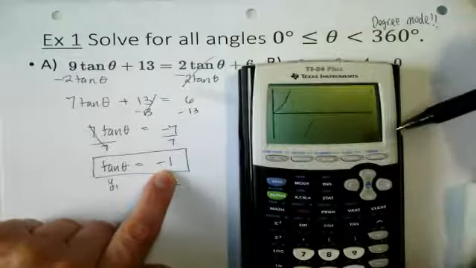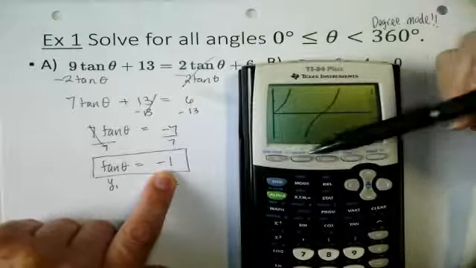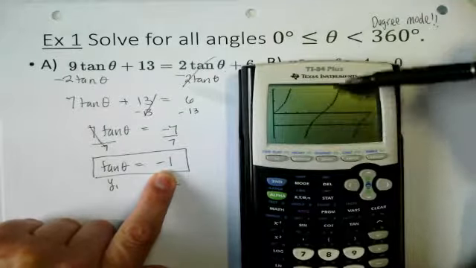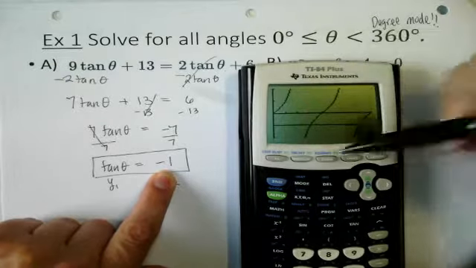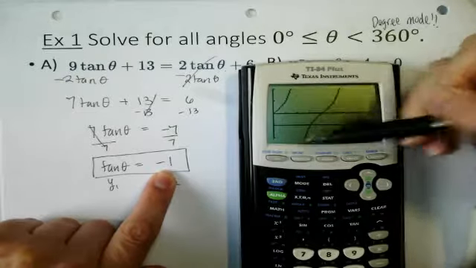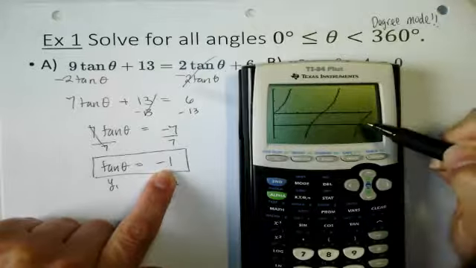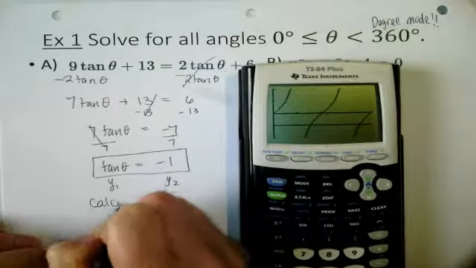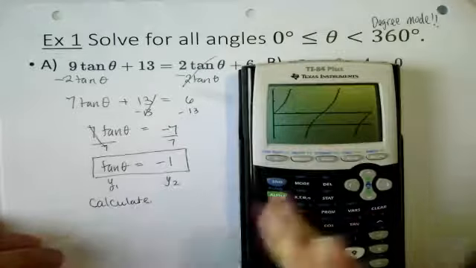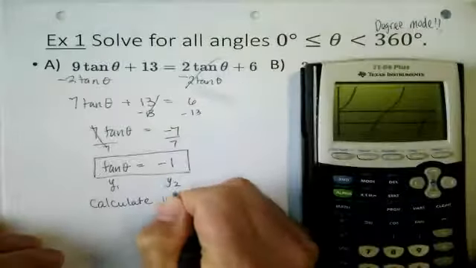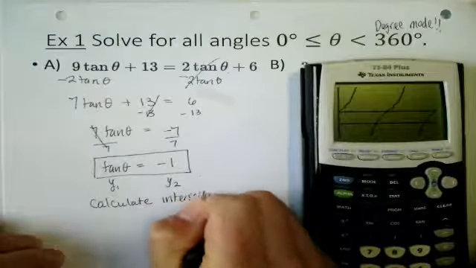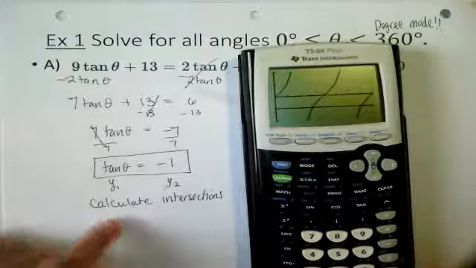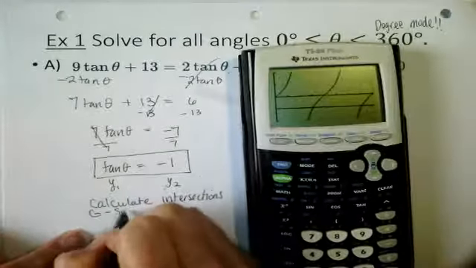You guys haven't really seen what the tangent function looks like. This is the tangent function. It's sort of a stretched up, tall sort of function. It has vertical asymptotes, and you can see that we have 2 points of intersection. So what we actually need to do is calculate the intersection. We're going to use our calculate menu, or on the Casio, the G-Solve menu.